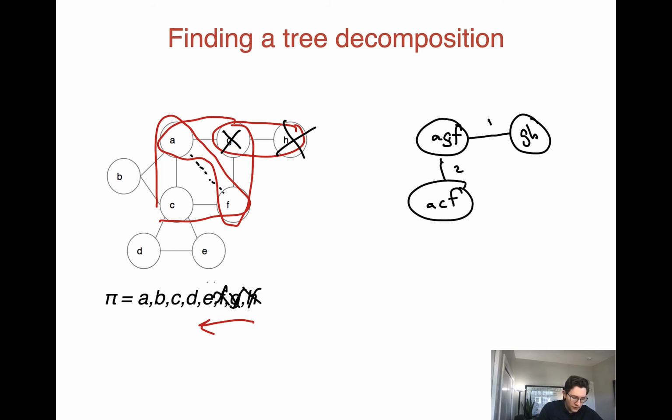We're done with F. We didn't have to add any fill-in edges, by the way. Next is E. We get a node, C, D, E.